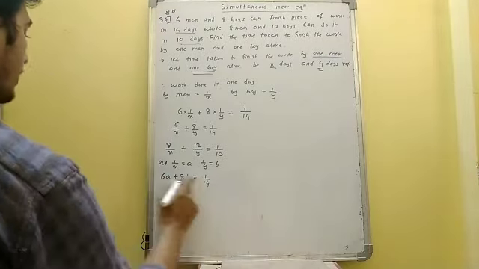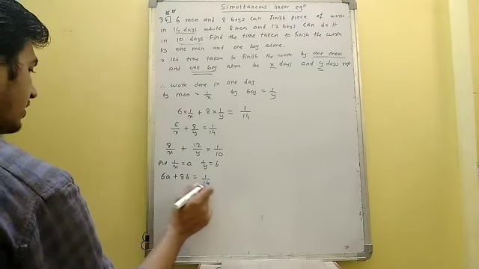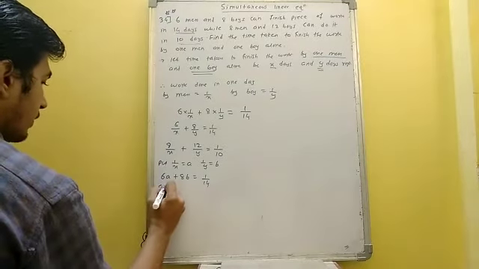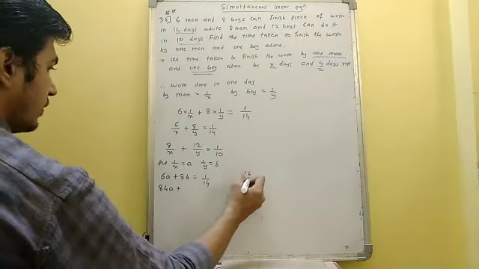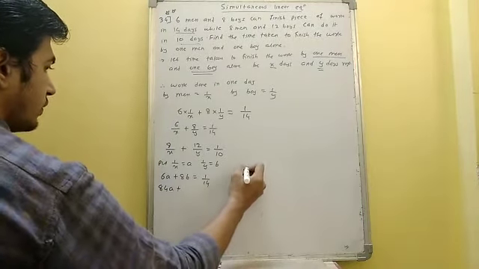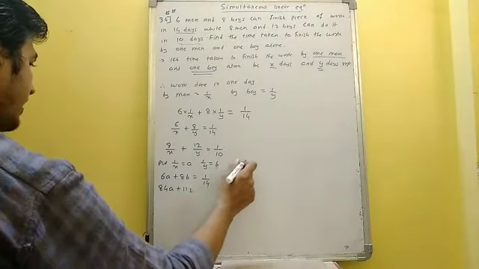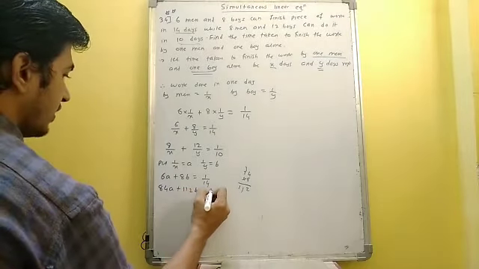So 14 6s are 84, so it is 84a plus 14 8s are 112b is equal to 1.